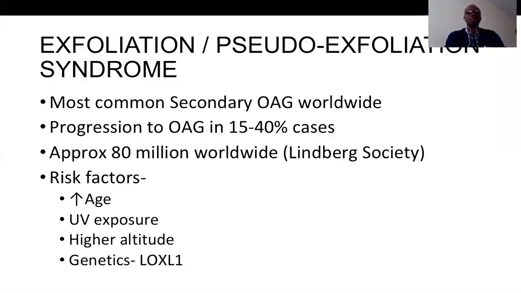The Lindbergh Society approximates that up to 80 million people may be affected worldwide. And the risk factors include increased age, exposure to ultraviolet radiation, living in high altitude, and in the genetics, the exon 1 of the LOXL1 gene has been implicated.